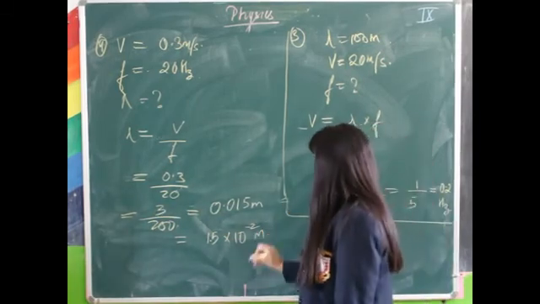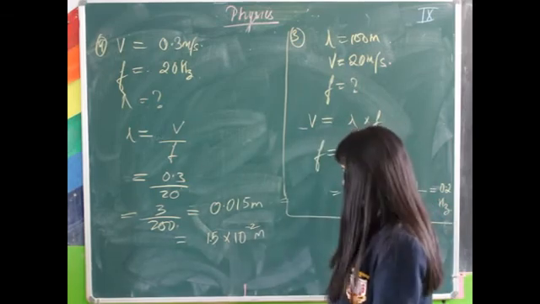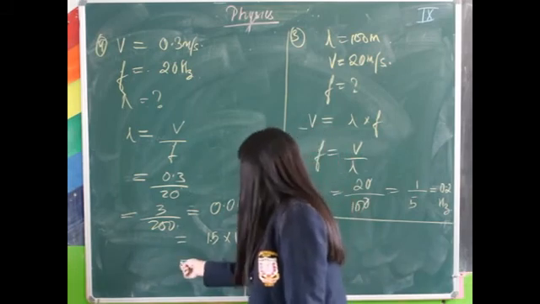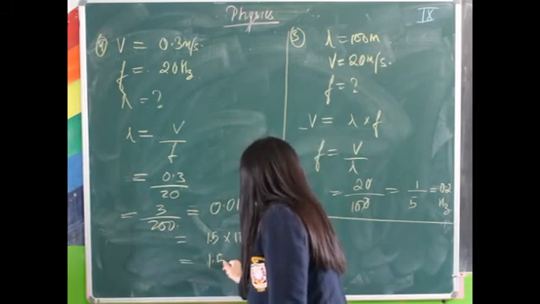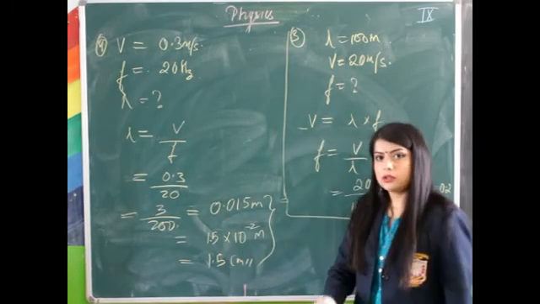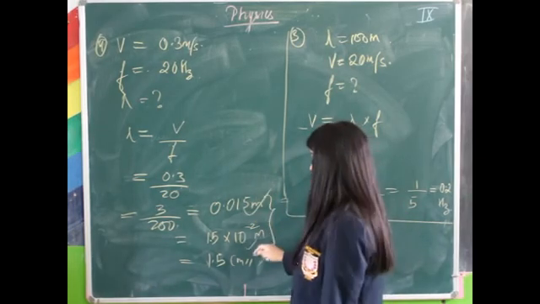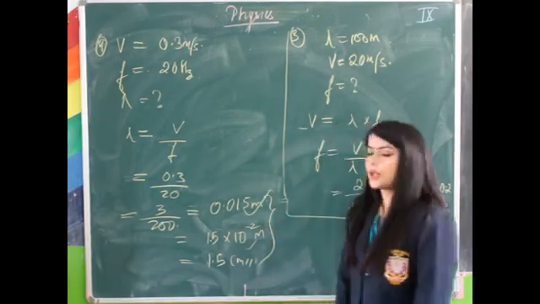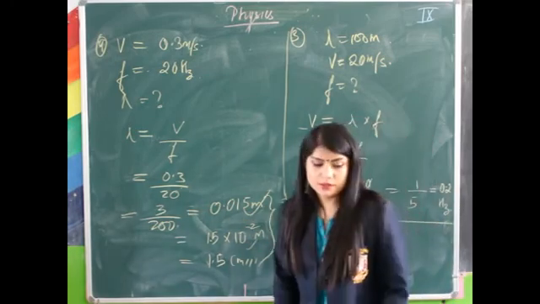This will be 1.5 times 10 to the power minus 2 meter. Or it might also be given as 1.5 centimeter. In your examinations, don't be confused. You can give your answer in any of these forms, as all three answers are correct. If you don't know how to do this, leave it.